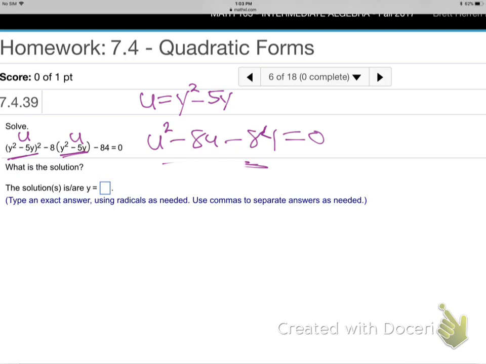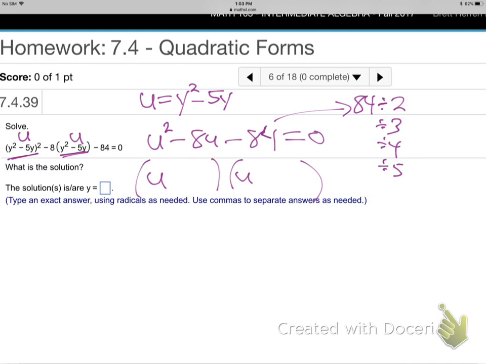I think you could do the quadratic formula, but I think it'll factor. I don't know if that'd be easier for you. When you look at 84, I don't know it off the top of my head either, but you can take your calculator and just divide by 2, 3, 4, what is it? 14 and 6. If you get all the way down to 6, you get 6 and 14. If you did 2 and 42, you got to make the middle.